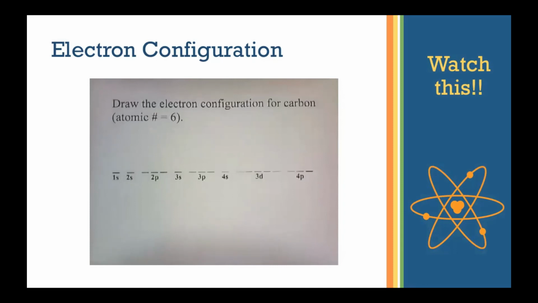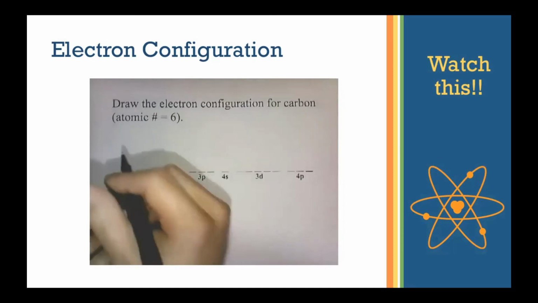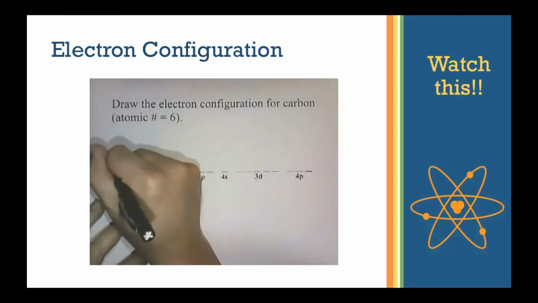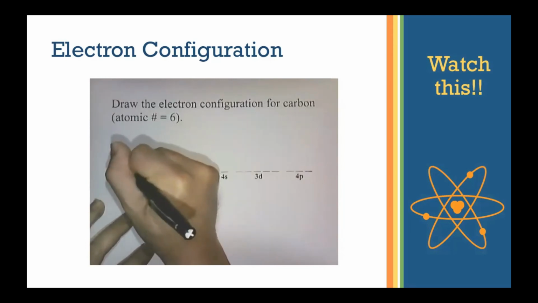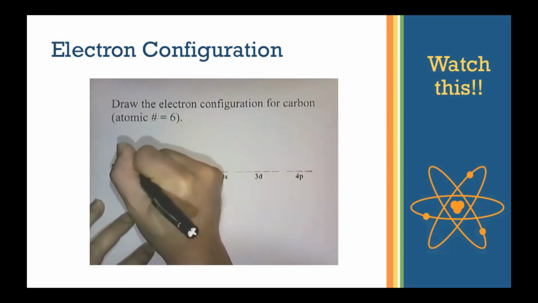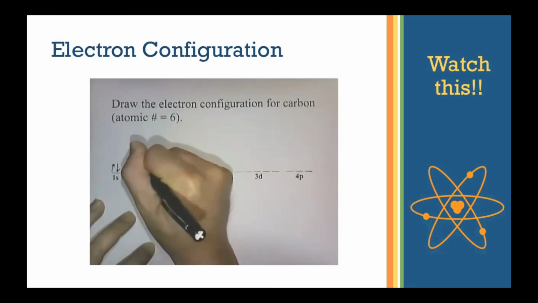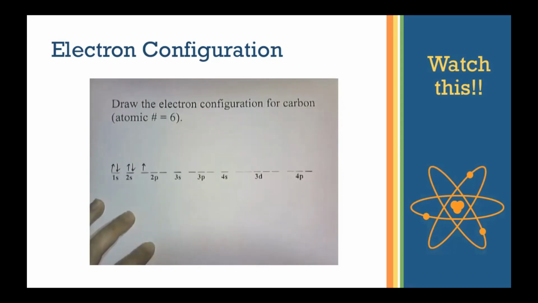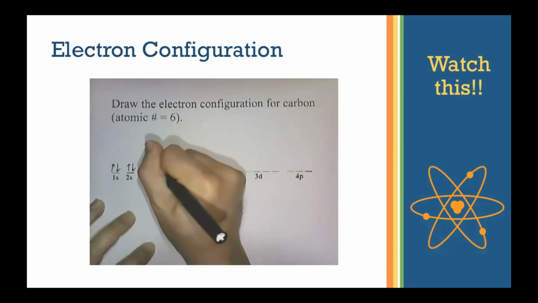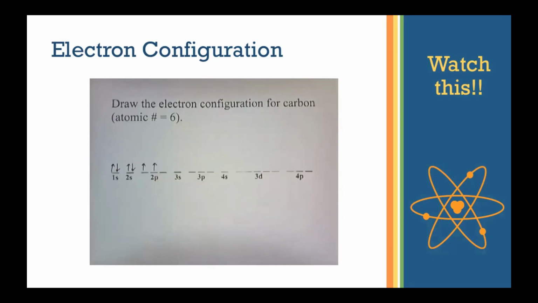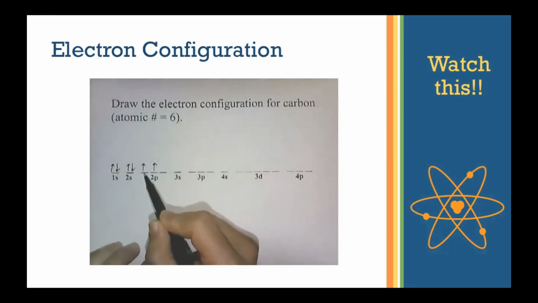Draw the electron configuration for carbon. 6. 1, 2, 3, 4, 5, 6. That's where you place the 6th electron. Now, why didn't I place this electron on this line upside down?